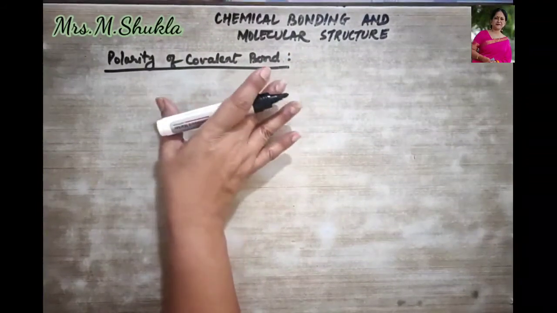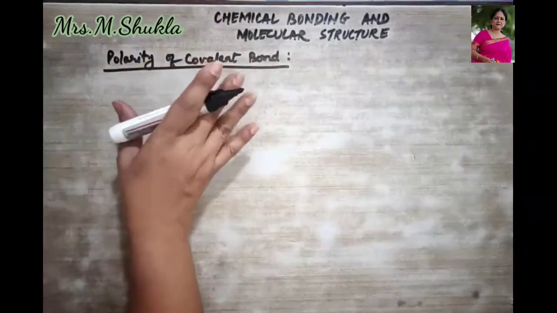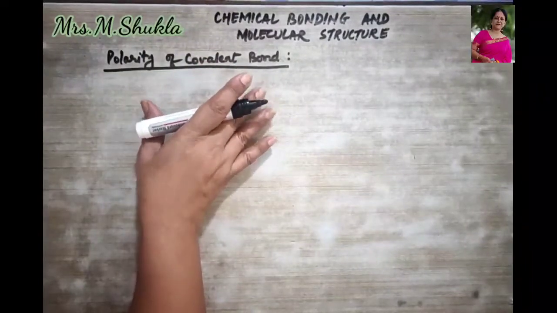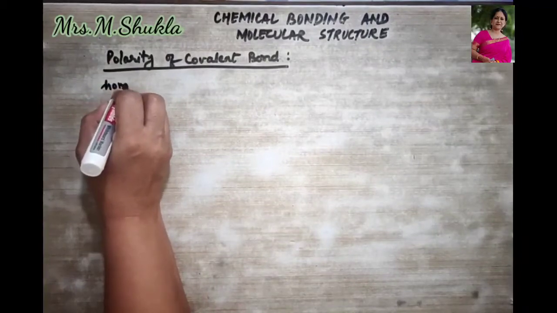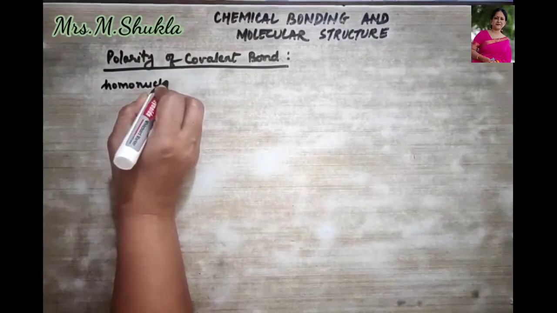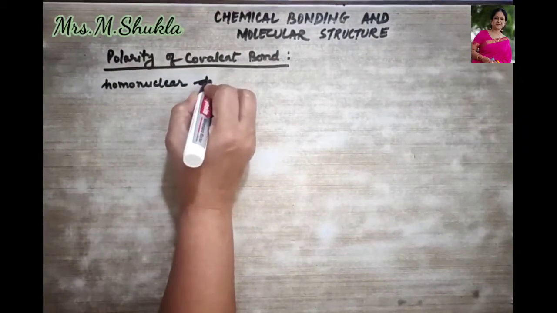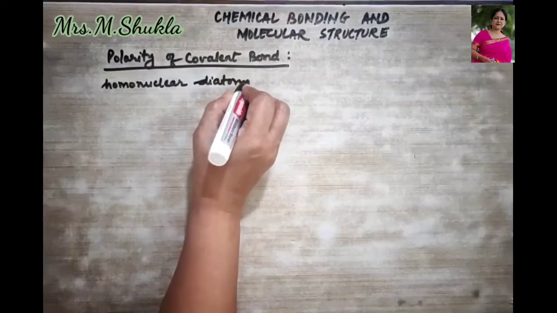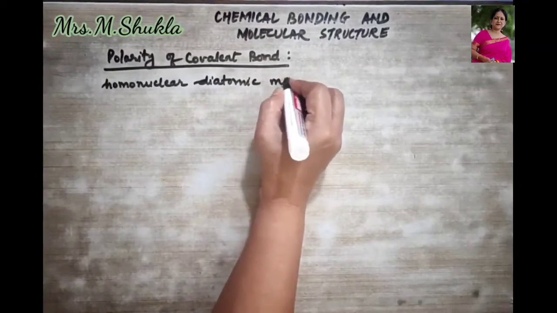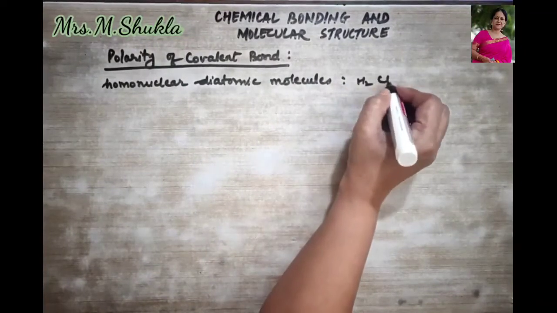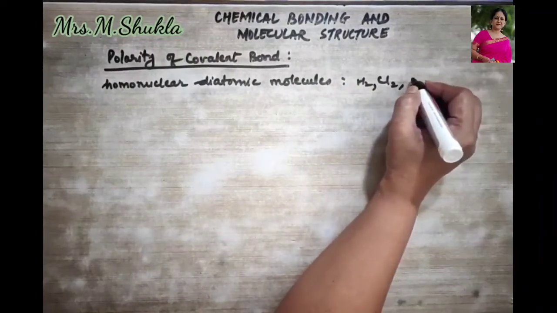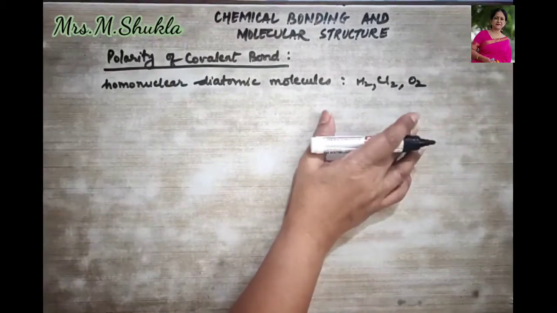So we already know that in all homonuclear diatomic molecules, what are homonuclear diatomic molecules? For example, hydrogen, chlorine, oxygen, right?